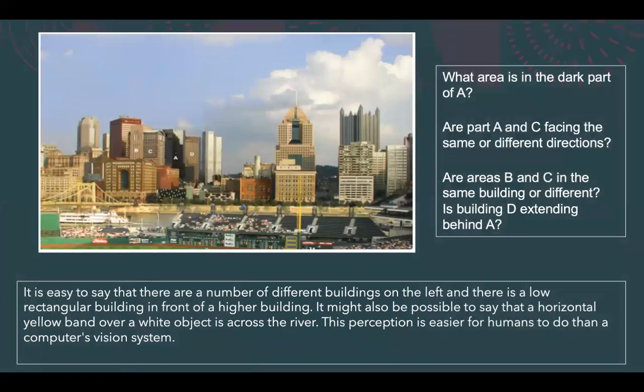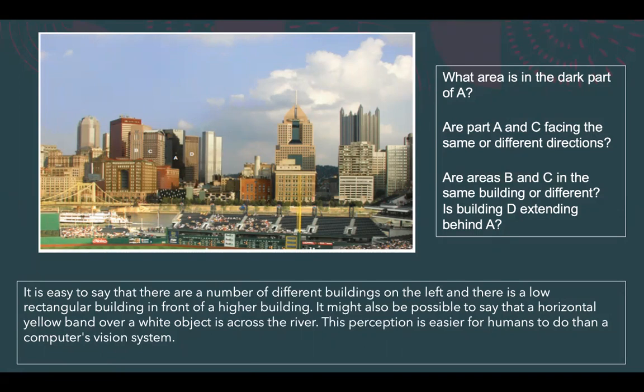Let's think about this. As you notice from this picture, you may pay close attention to parts A, B, C, and D in this shadowed picture of buildings. And then try to determine what area is in the dark part of A. And then try to think whether parts A and C are facing the same direction.